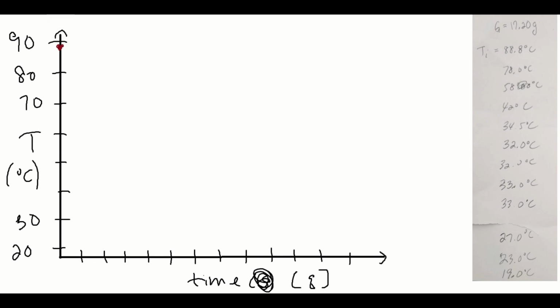So my first reading is right there, around 88.8. My second reading is 78. So that's about there. My third reading is at 58. So that's about there. And then it's at 42. Then at 34 and a half.